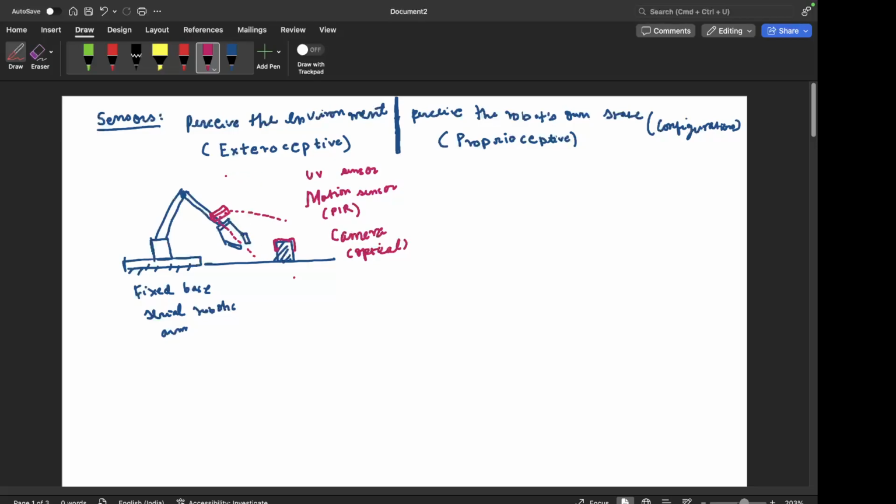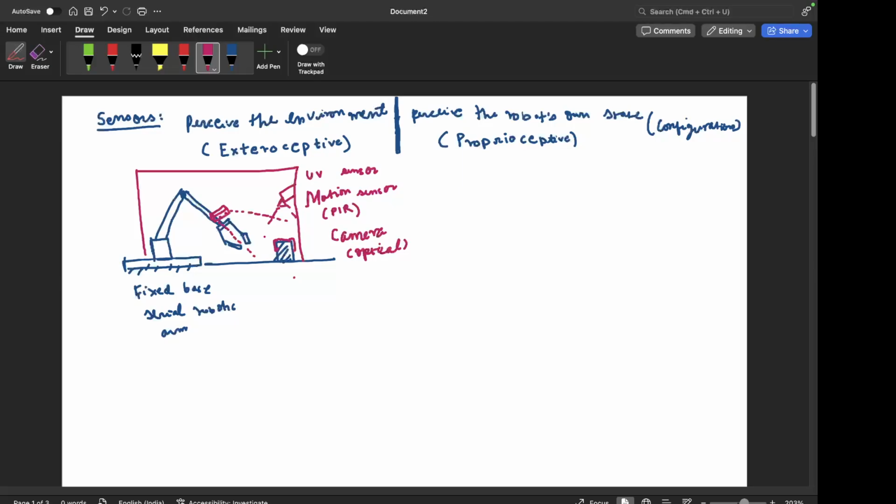Or maybe, if this is a lab kind of a setting, then I can also have a frame here which has cameras mounted on those frames, right? So from this camera I can detect where the object is lying, right? That can be done.